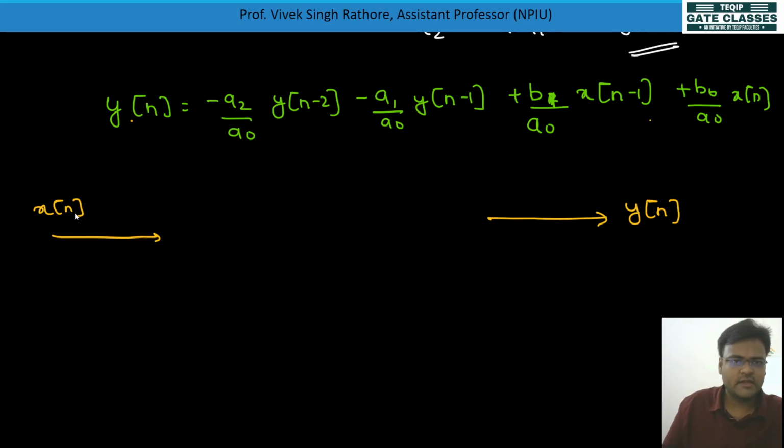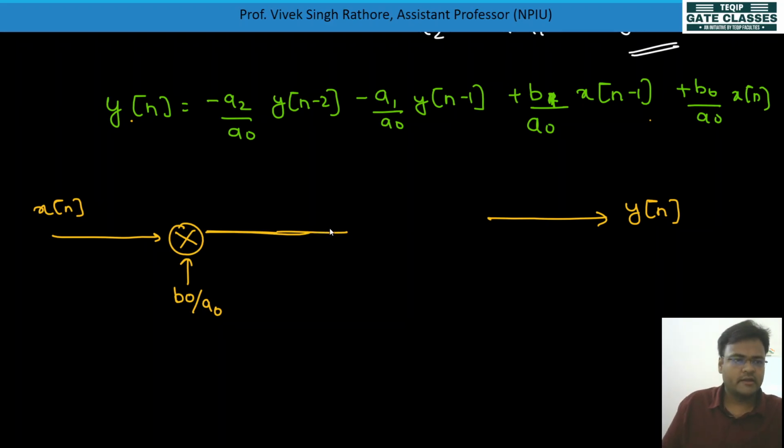X of n is there. Now x of n is directly sent to the output with multiplication of this coefficient. So we can write it like this, and we can make b naught by a naught. Just we have multiplied with x of n and sent it to the output, okay.